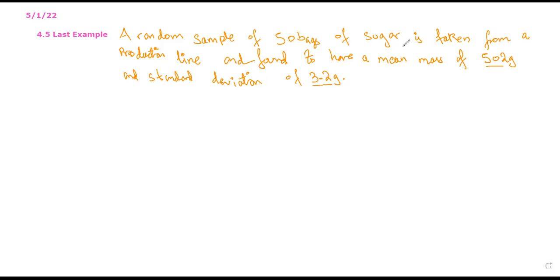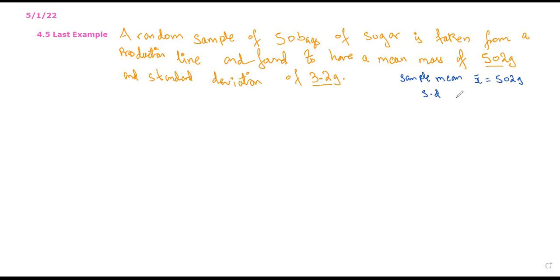Okay, all right. Now we have our data: the mean mass of the sample, okay? So be very clear about these things. Sample mean, how do we write sample mean, Ranjani? It's x bar. Mu is for population, right? Yes. Okay. So it is 502 grams, and then we have the standard deviation.